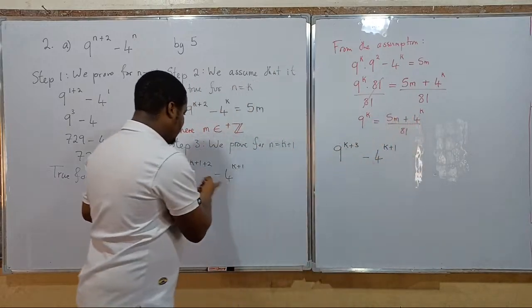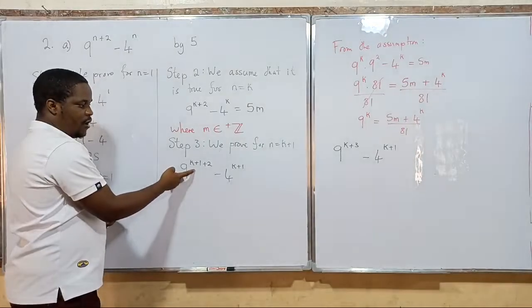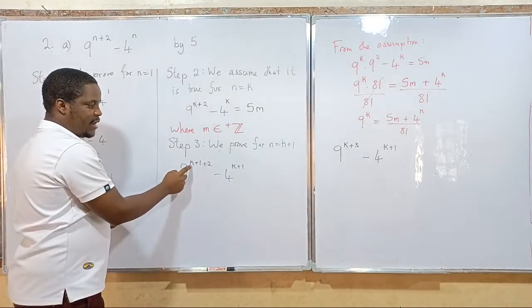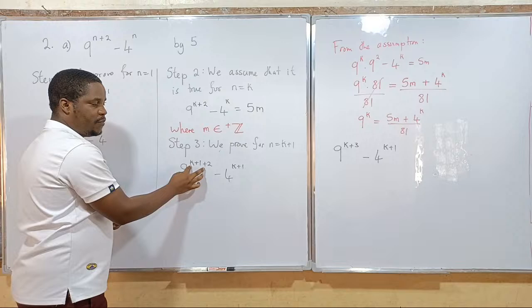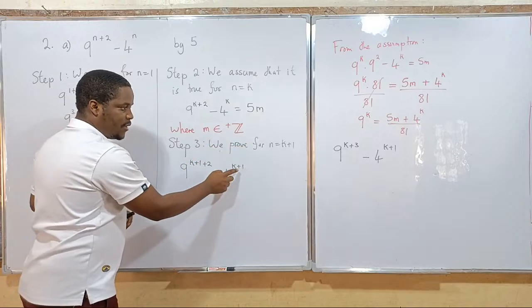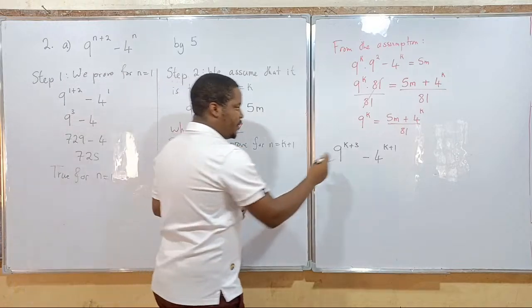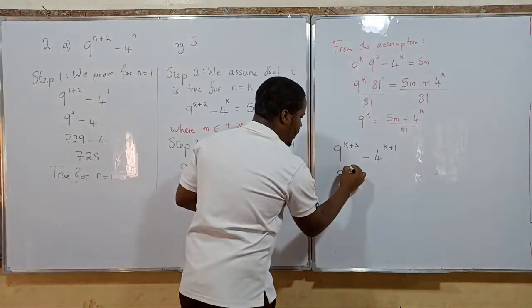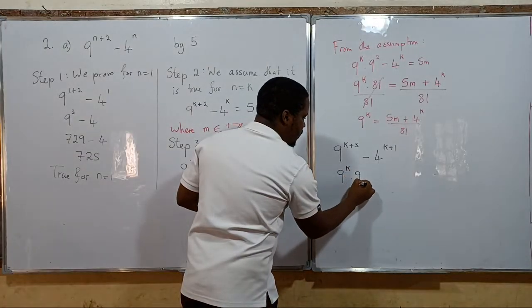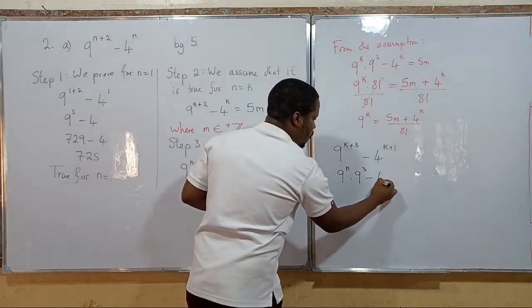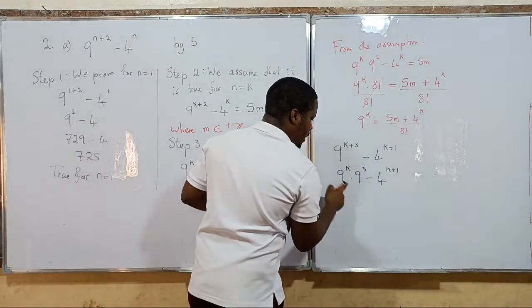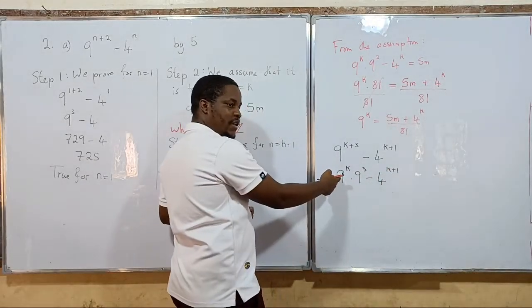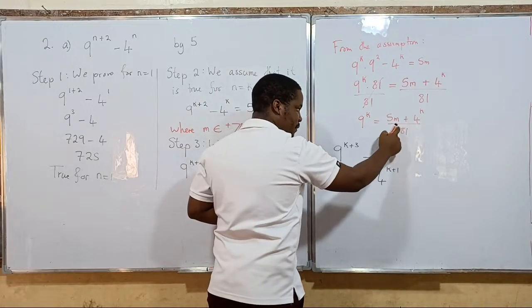Now I've gone back to this part where we said this is the same as 9 to the k plus 3, minus 4 to the k plus 1. Then I want to separate it by saying 9 to the k times 9 to the 3, minus 4^(k+1). Then here, where I have 9 to the k, I'll bring this guy.